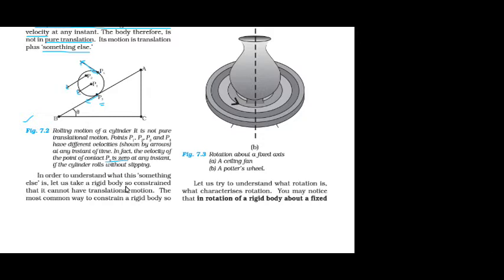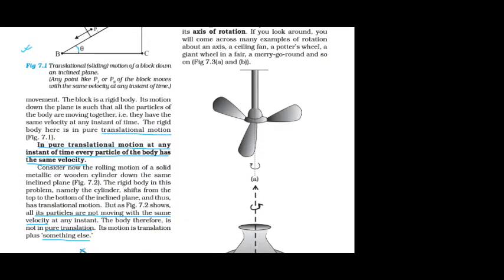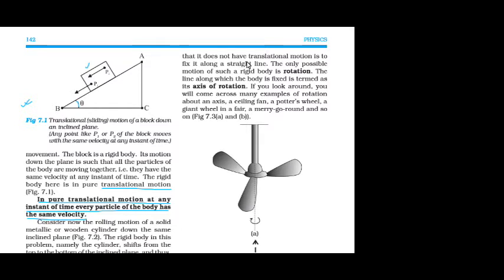So in order to understand what this something else is, let us take a rigid body with a constraint that it cannot have translational motion. The most common way to constrain a rigid body so that it does not have translational motion is to fix it along a straight line.